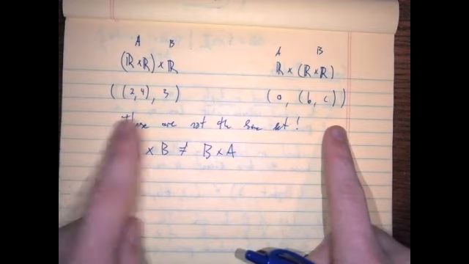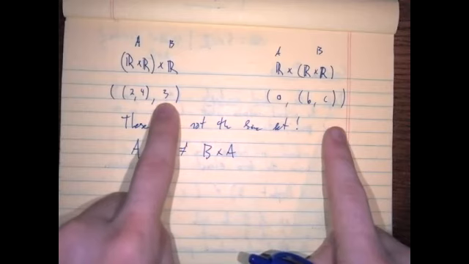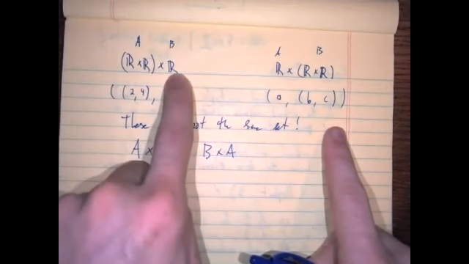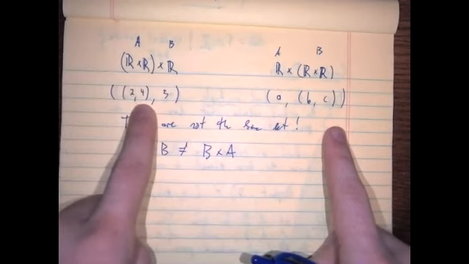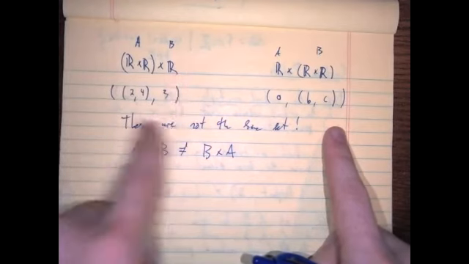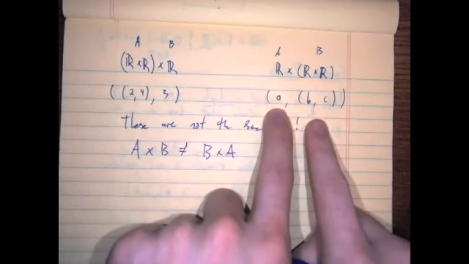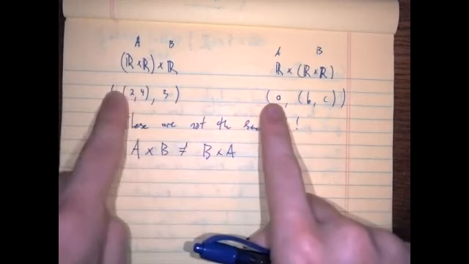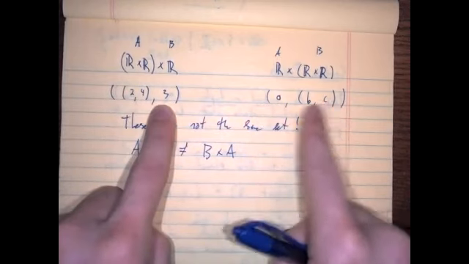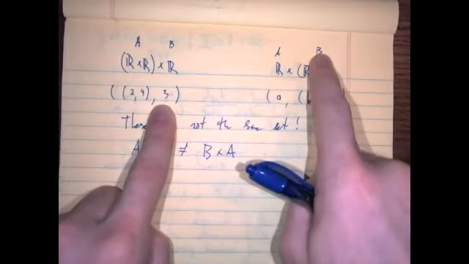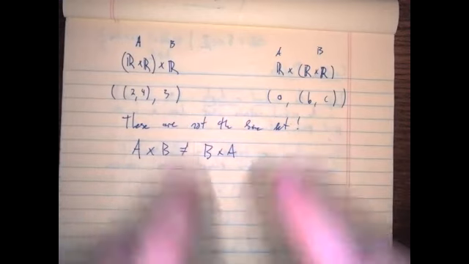The point is that this is an ordered tuple with the second element coming from R and the first element coming from R cross R. There's no way that any such thing could be the same as something over here where the first coordinate is in R, a totally different set than the first coordinate over here. And the second set is pulling from a totally different set than where this second coordinate is pulling from.